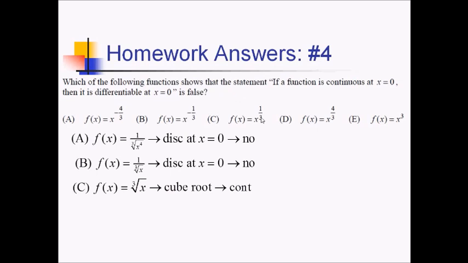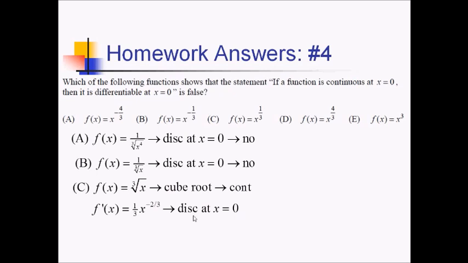So if we have continuity, we know that our function is differentiable. Continuity of the derivative means our function is differentiable. So the derivative of this is going to be 1/3 x to the negative 2/3. And that is a function that, if you imagine this x being in the denominator because of the negative exponent, this is not going to be continuous. We're going to have a discontinuity at x equals 0. So that is not enough by itself necessarily to prove that we don't have differentiability, because again, the derivative does not have to be continuous.